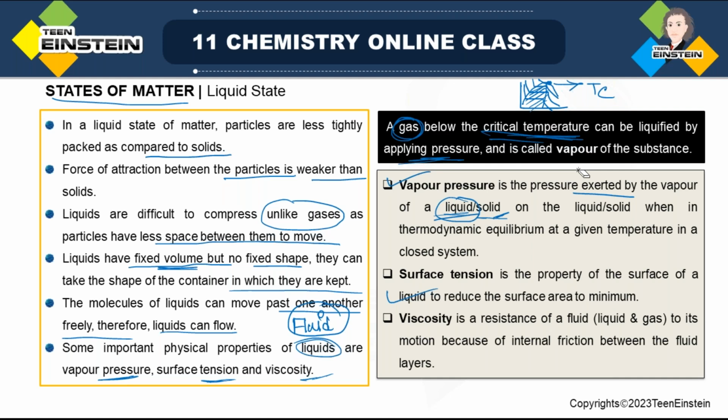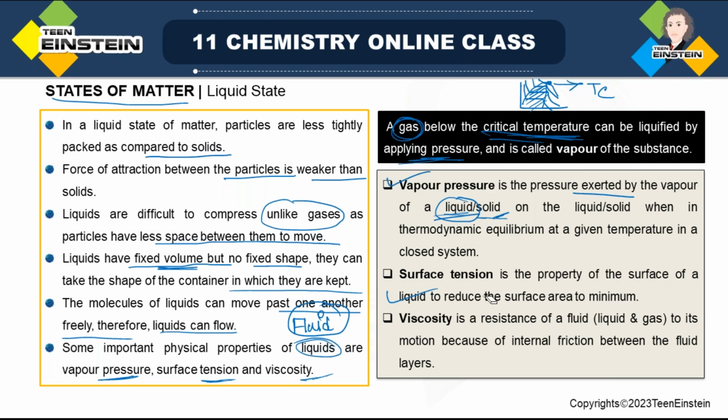It is the pressure exerted by the vapor of a liquid on the liquid from which it is generated. Suppose we have some liquid, and from the surface of the liquid there is some vapor. It will generate pressure on the liquid. That is what is written: the pressure exerted by the vapor of a liquid on the liquid in thermodynamic equilibrium at a given temperature in a closed system.